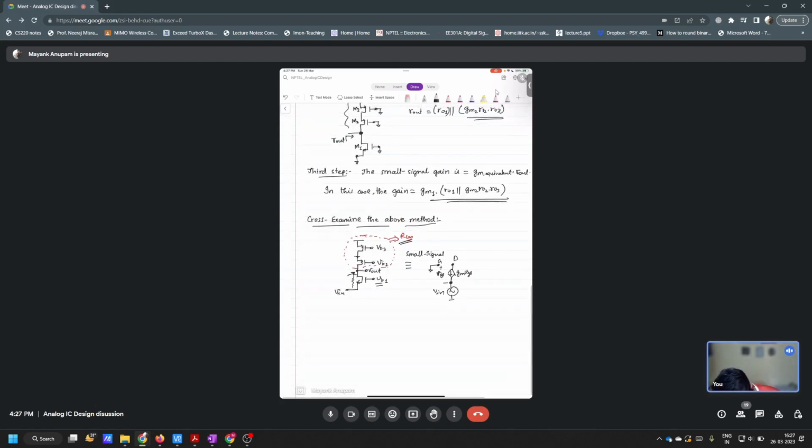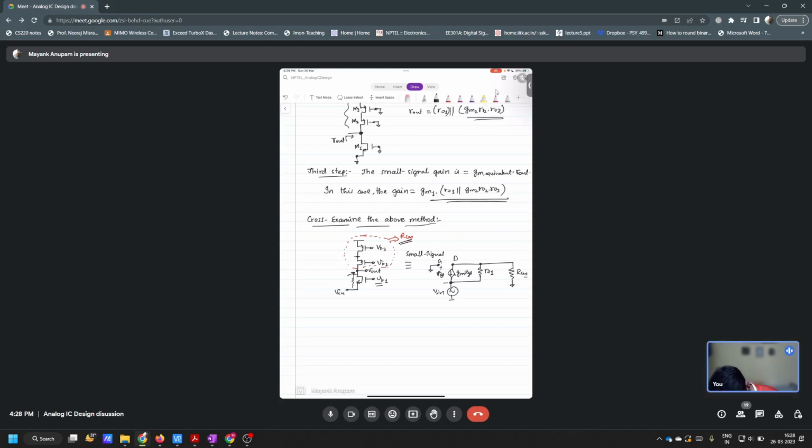So at this point we can write RO1 between source and drain of this, which is RO1, and then there is R cascode, correct? Fine. Yes, sir.